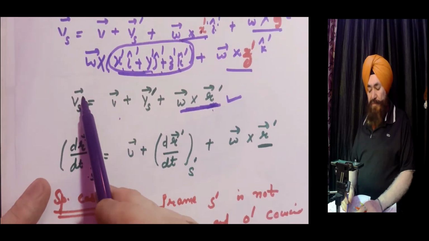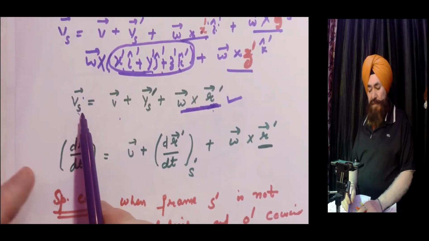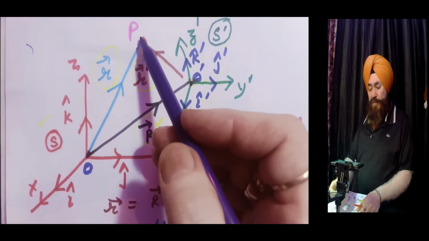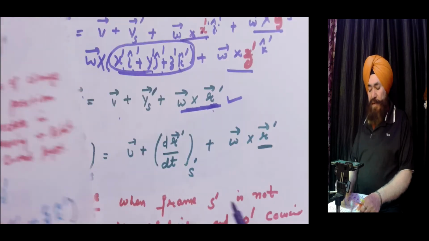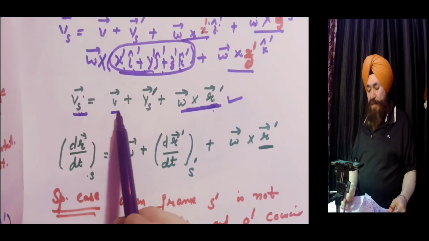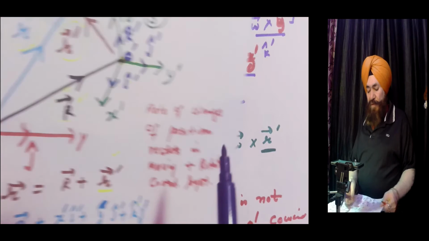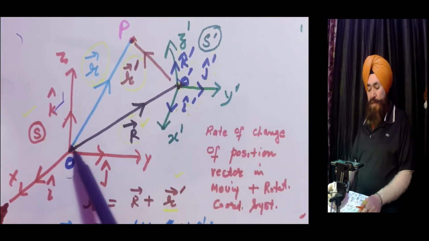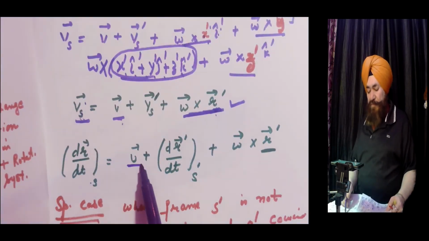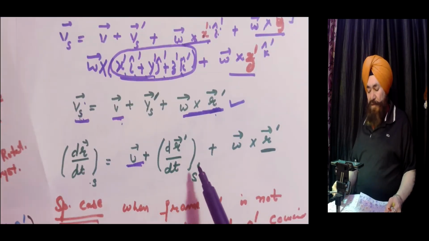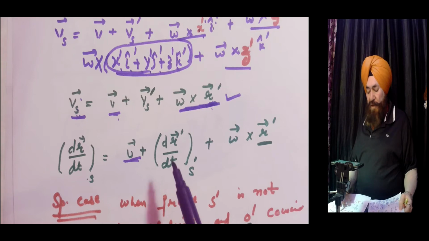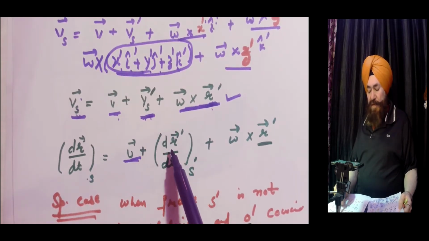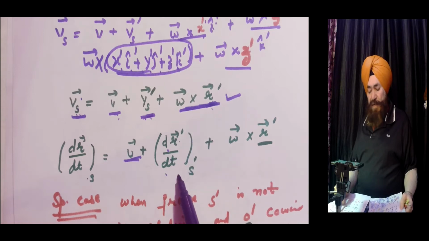Now Vs vector means velocity with respect to this red frame. V vector means velocity of the rotating frame with respect to the origin, meaning translatory velocity. Now here I have Vs dash vector, which may be written as dr dash over dt.